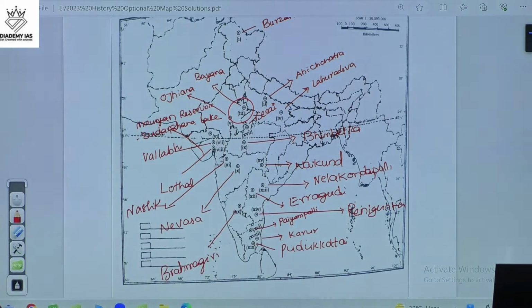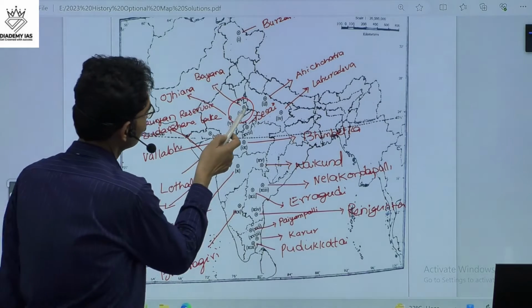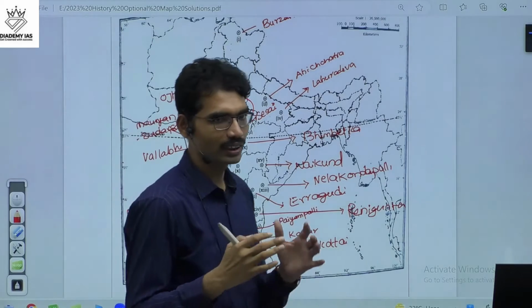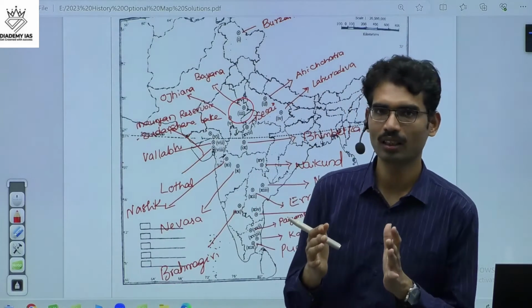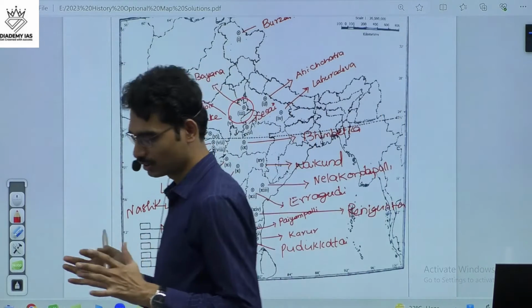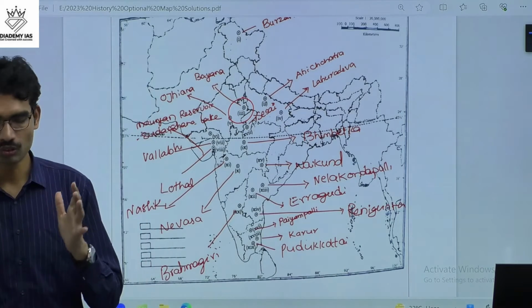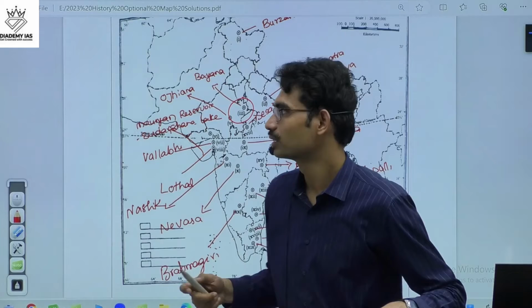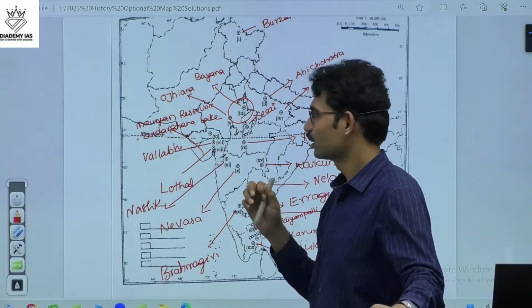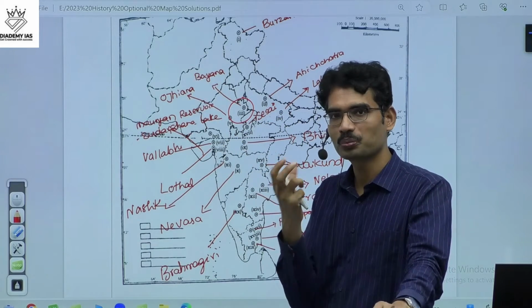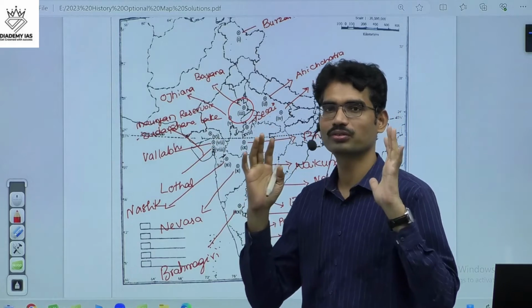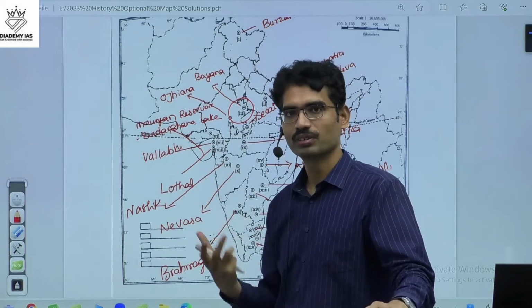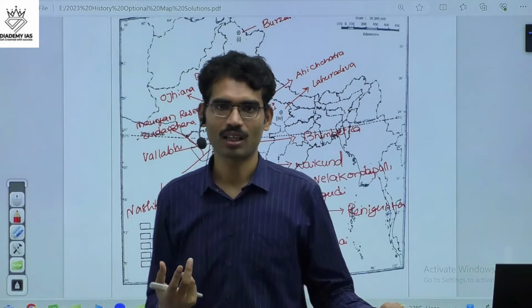Do you see here? This is near Delhi in Rajasthan. In Rajasthan, in that particular location, a hoard, a group of Gupta coins, was discovered. What does it indicate? In this location, coins belong to the Gupta period. A large number of Gupta coins were discovered. It gives a lot of significance or evidence.